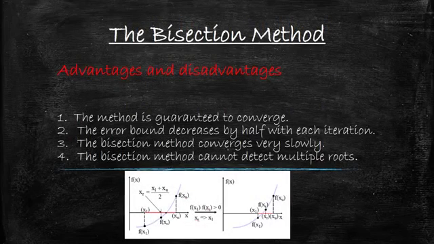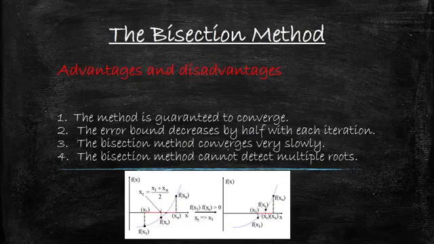Now, what is bisection method? Today I will only tell you about advantages and disadvantages of bisection method. This method is guaranteed to converge. This is the advantage of this method, that it must converge to the root.